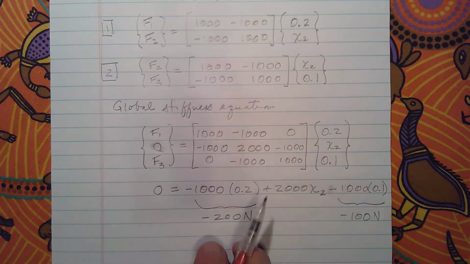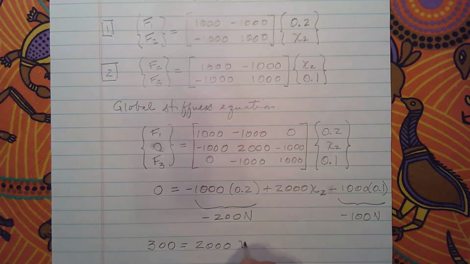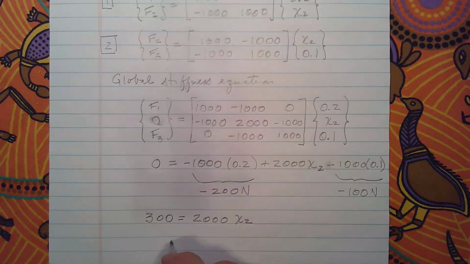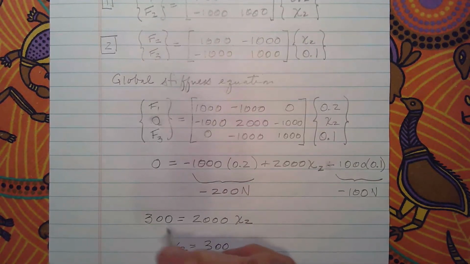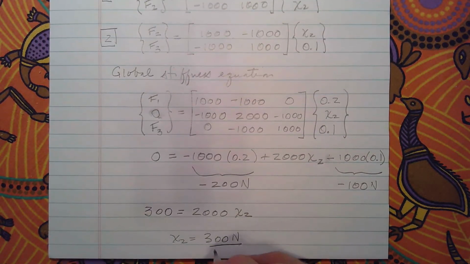We can move it over to the left-hand side. So we have 300 equals 2,000 times x2, so we can solve for x2. x2 is equal to 300 newtons divided by 2,000 newtons per meter.